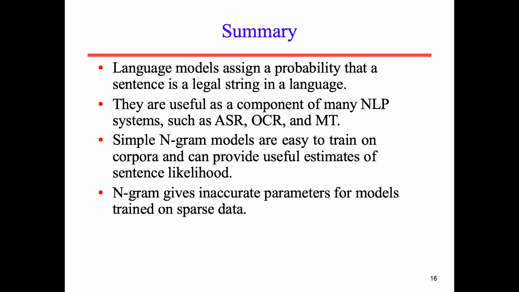And as you saw, simple n-gram models are easy to train, but when the n is smaller, they aren't as strong as larger n models. And once you keep increasing the n, the expressiveness of your model keeps going higher and higher. Although n-grams do give inaccurate parameters, because if we train them on a lot of zeros, they'll keep giving us one particular kind of output. So we will have to combine a couple of n-gram models to tackle sparsity in our data.